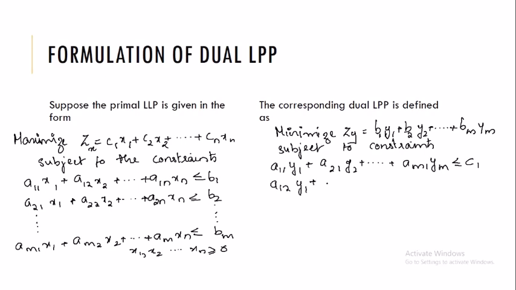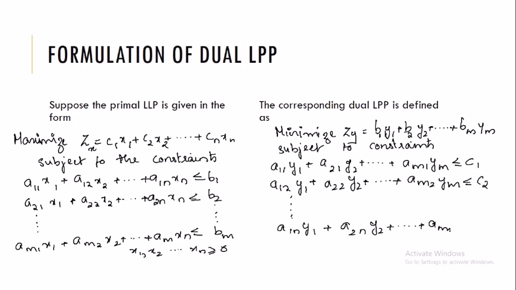A12y1 plus A22y2 plus etc. plus Am2ym less than or equal to C2, etc., A1ny1 plus A2ny2 plus etc. plus Amnym less than or equal to Cn, y1, y2, etc. ym greater than or equal to 0.